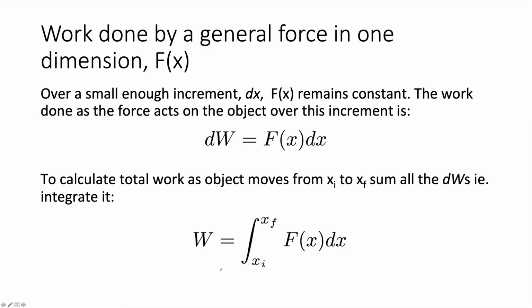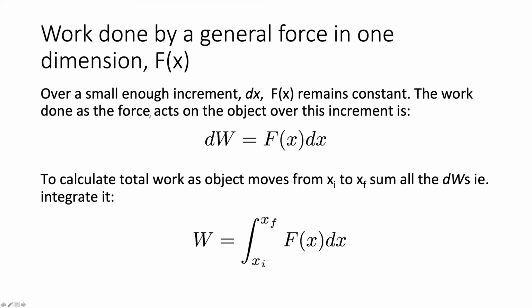So we've looked at a couple of special forces now, the gravitational force close to the Earth and the spring force, but what about the work done by a general force in one dimension? So, for example, by the force f of x. So over a small enough increment, dx, f of x remains constant. So if that's not true, then we just choose a smaller increment dx so that it is true.